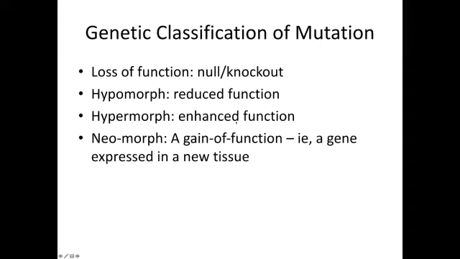An example of a gene that might have enhanced function is you can imagine that there's a protein that promotes cell division, and if this protein has been mutated in a particular way to cause a hypermorph allele, it might produce an excess amount of cell division, which would cause maybe cancer. And then finally, there's something called a neomorph, which is a gain of function, which means a gene might be expressed in some entirely new tissue.